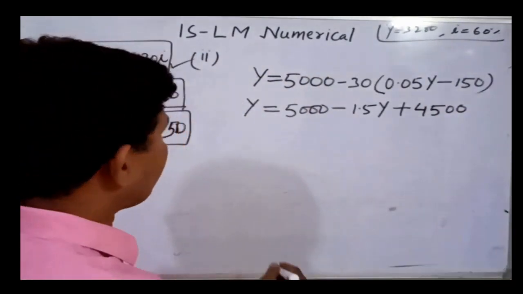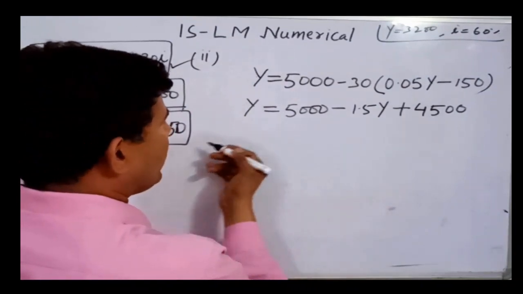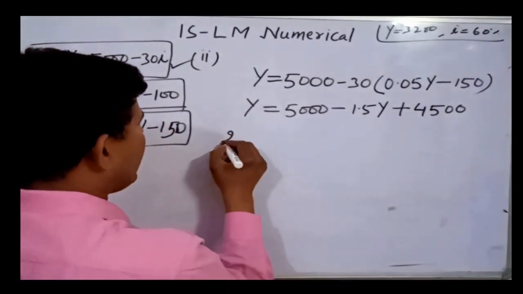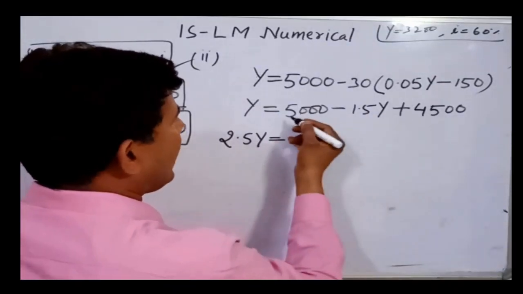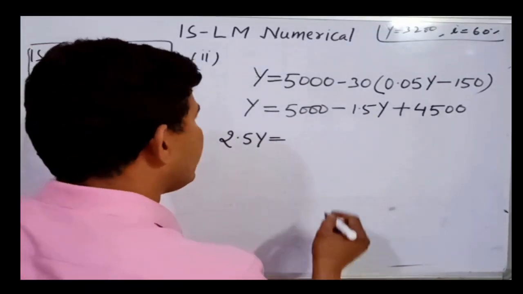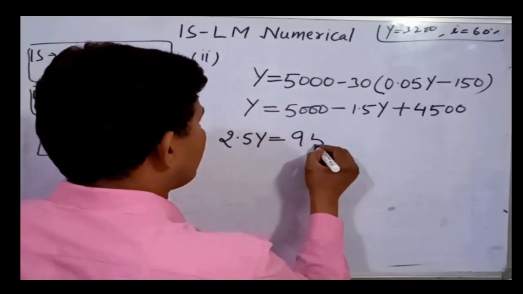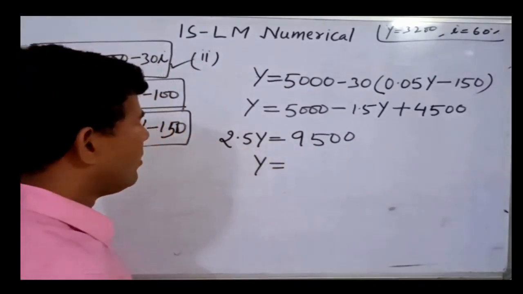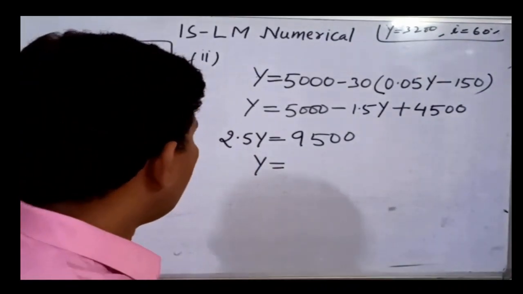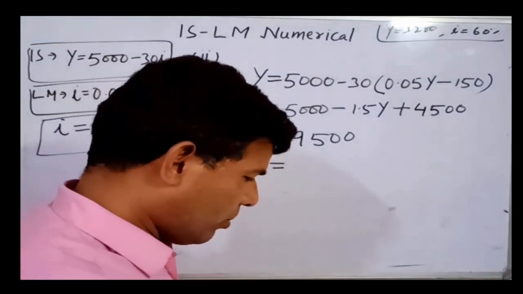Now I take this 1.5y to the left hand side. What do I get? I get 2.5y is equal to, if you add 5000 and 4500, I get 9500.